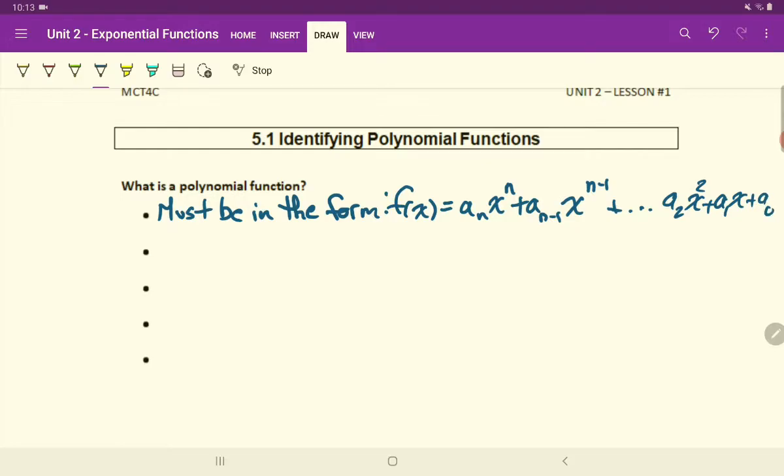Okay, so this looks extremely complicated, but it's really not. Let's say, for example, I'll use an example so that I can mirror what I have written there. Let's say I have an equation that looks like this.